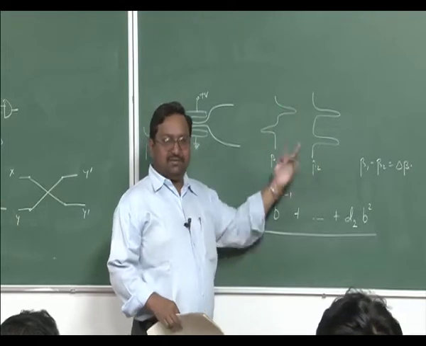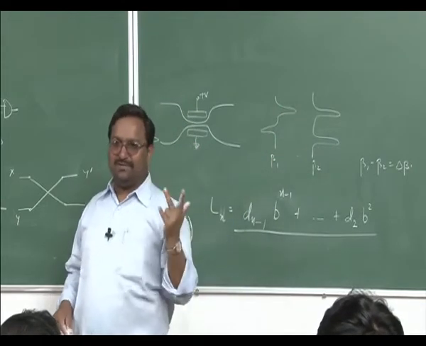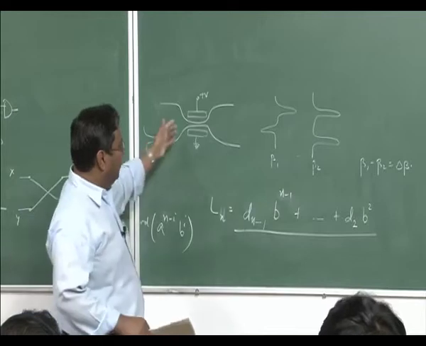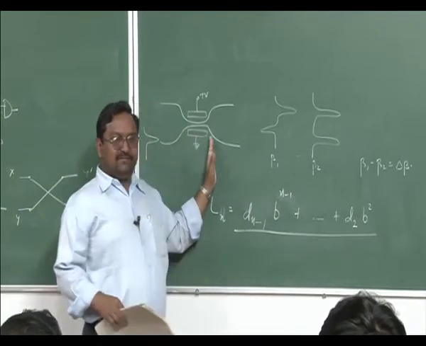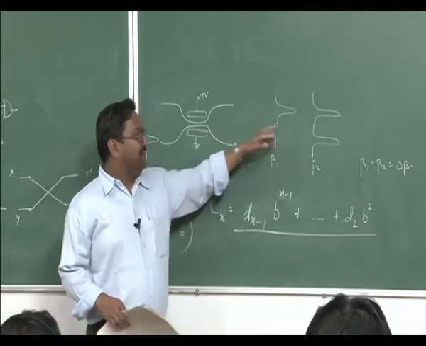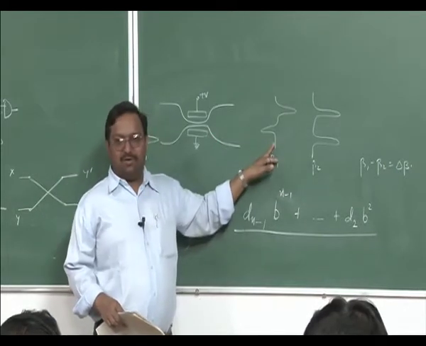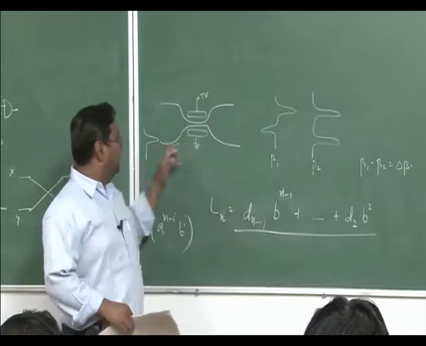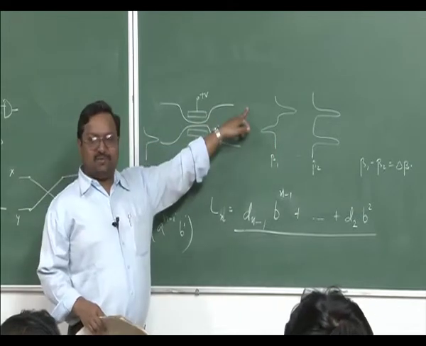So these two modes are excited with equal strength. As you propagate, if the length is sufficient to give a pi phase shift, these two will come in phase and these two will go out of phase at the output. So whatever power you insert here will come out at this port. That is a cross state.